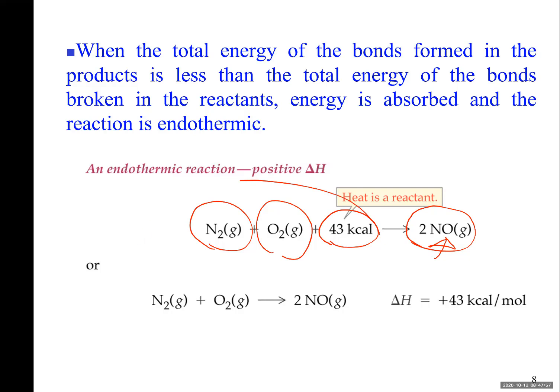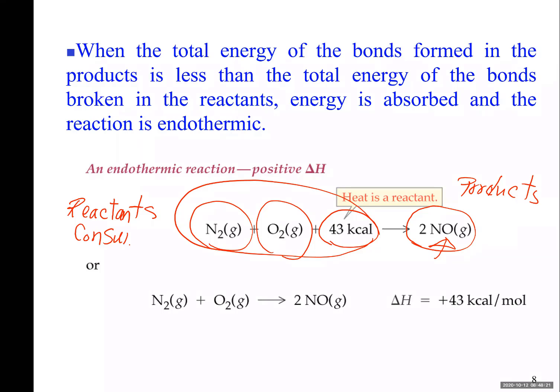Did we say the left-hand side of every chemical equation is reactants? And did we say the right-hand side is product? So what's the meaning of reactant? Those are things which are consumed, right? At the end of a chemical reaction, reactants are consumed to produce product, right?